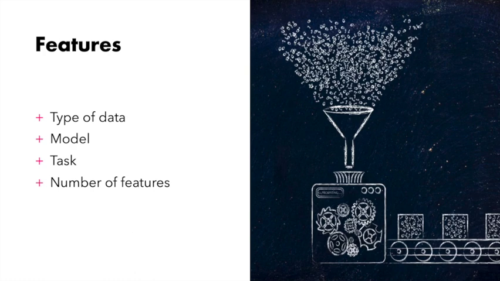Something might go south in the training process that impacts the model's performance. If I want to put it in one single sentence, feature engineering is the process of formulating the most appropriate features given the data, the model, and the task.